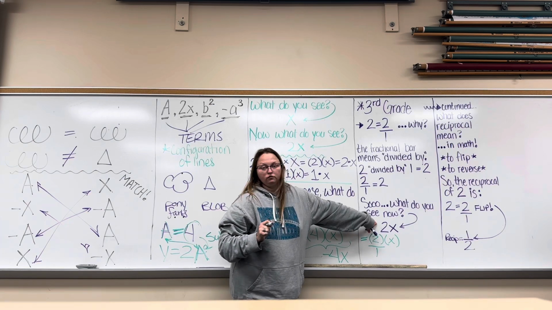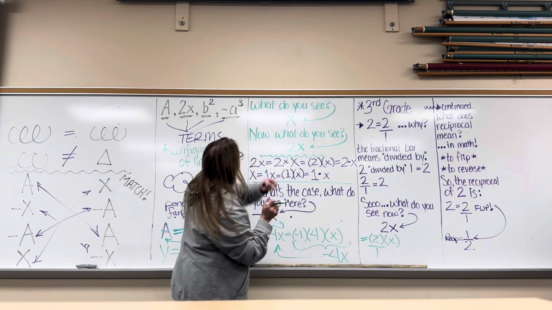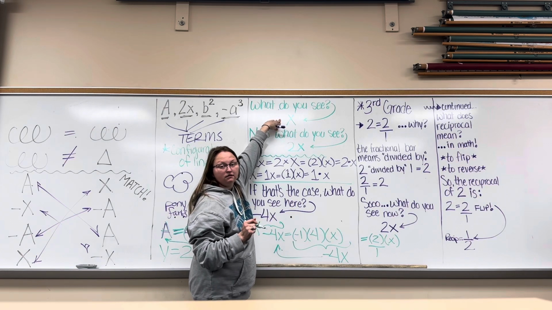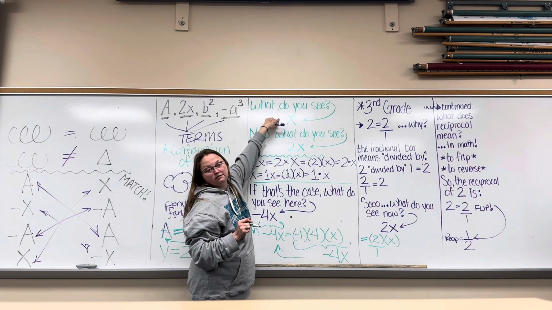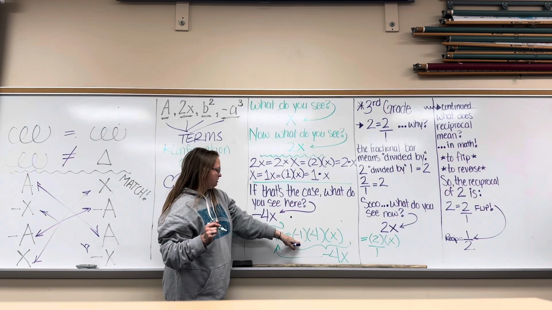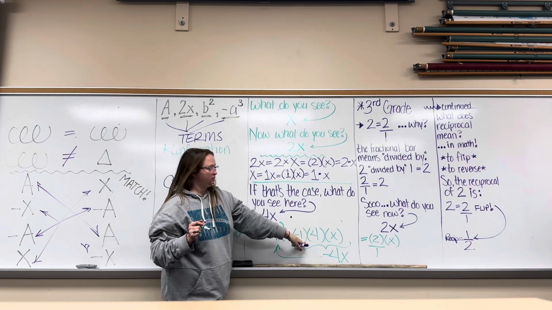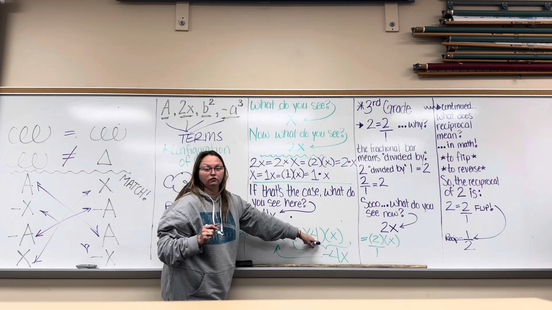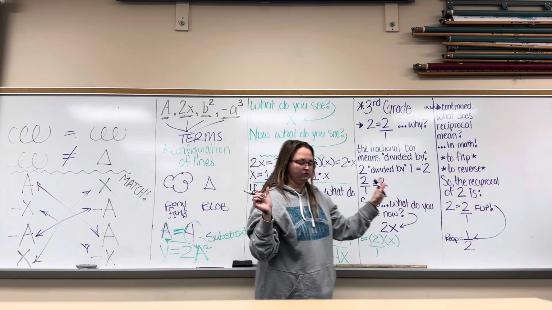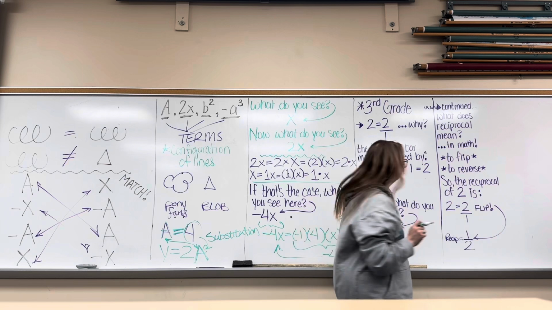So it's 2 over 1x. Just like up here, this x is technically 1 over 1 times x. This is negative 1 over 1 times 4 over 1 times x. And technically speaking, the x is also over 1.